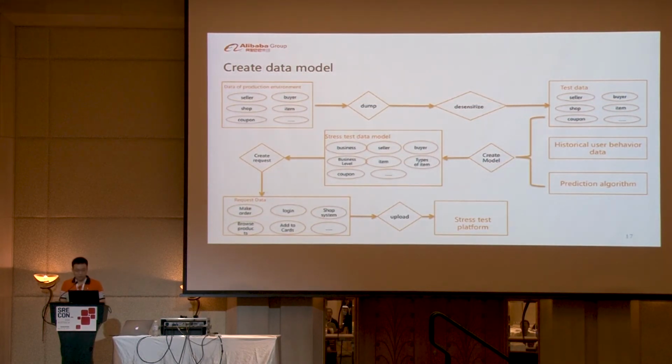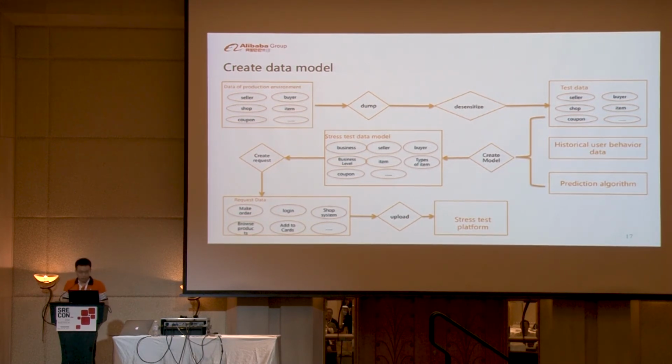Then the second challenge, user behavior. We all know Double 11 is a very complicated business faced with lots of scenarios, and we hoped to cover all of them and put them in this full-chain stress test. So we did these things to make it happen.